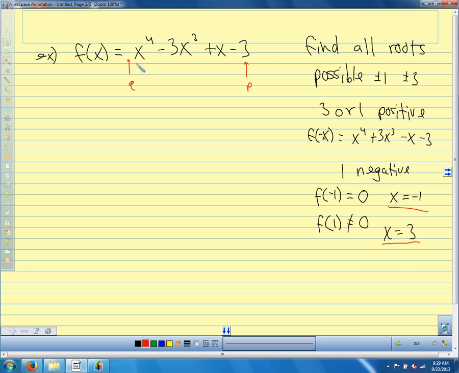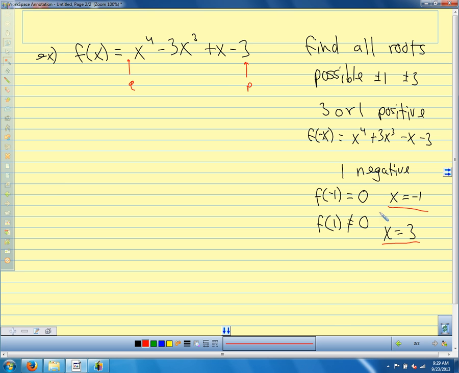And when I do synthetic division on this 4th degree polynomial, what am I left with? 3rd degree polynomial. What do I do next? Another synthetic division with x equals 3, because we know that's a zero. We know that we have to get a 0 remainder. I'm doing synthetic division with x equals 3. I'm doing that on a 3rd degree polynomial. So what do I end up left with?